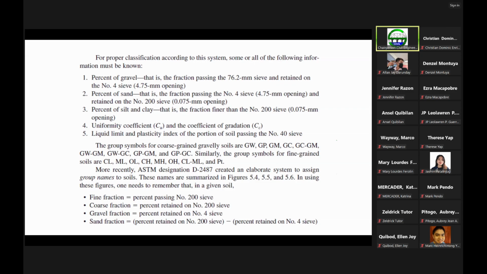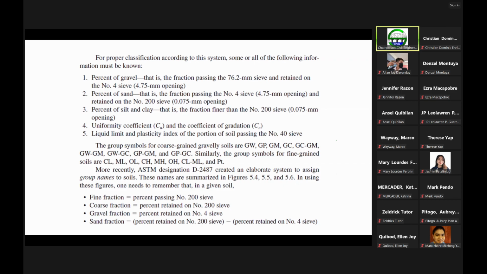So for proper classification according to this system, some or all of the following information must be known. First, we need to know the percent of gravel, that is the fraction passing the 76.2 millimeter sieve and retained on the number 4 sieve, the 4.75 millimeter opening.